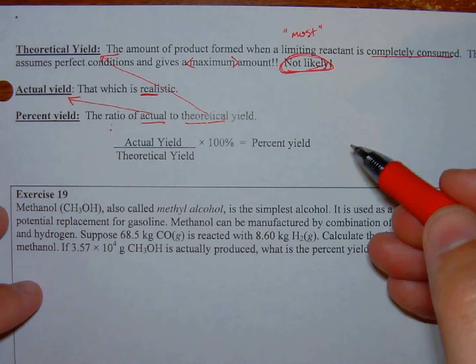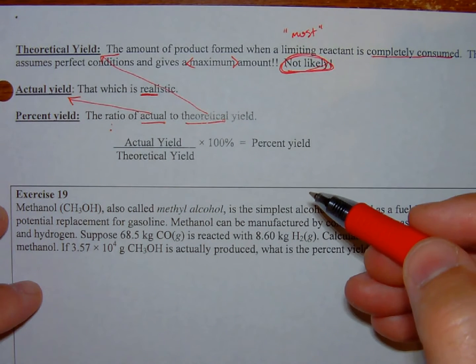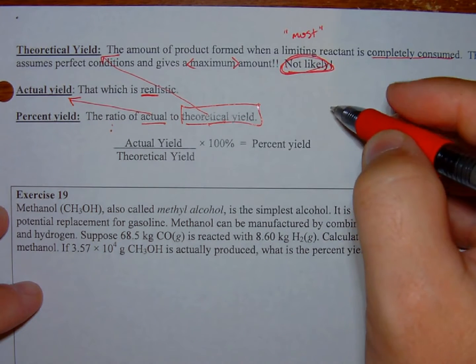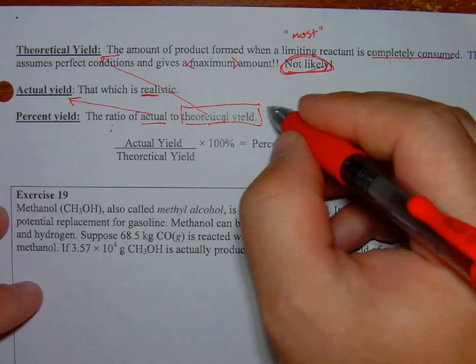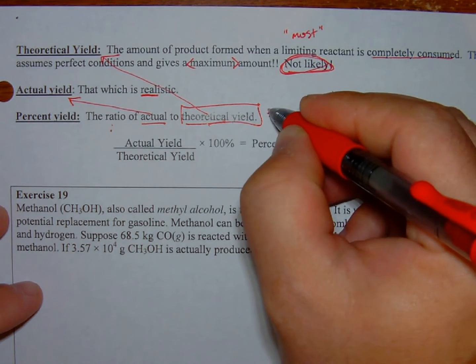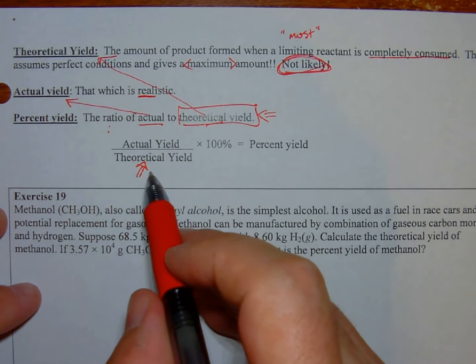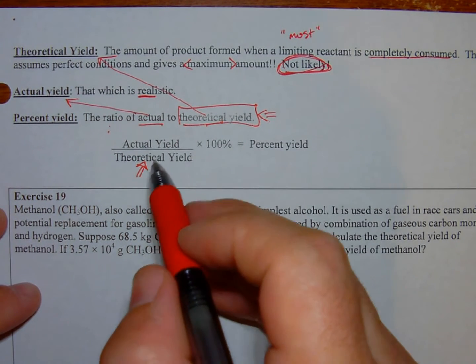Now, on the last exercise, exercise 18, you calculated the theoretical yield, right? Most AP problems will have you calculate this one, and so you will have deduced this value.